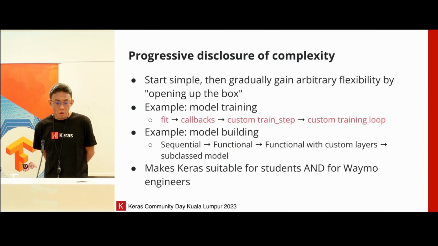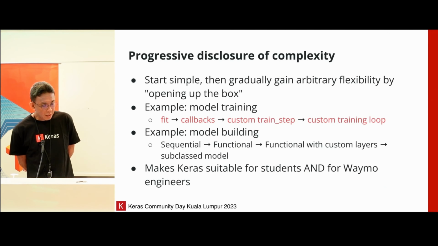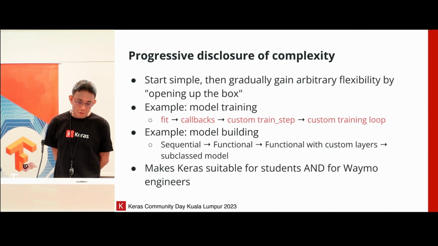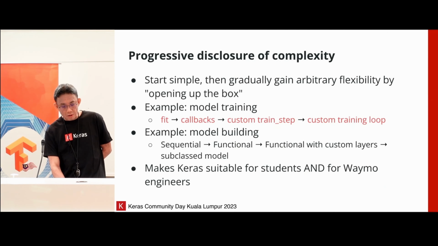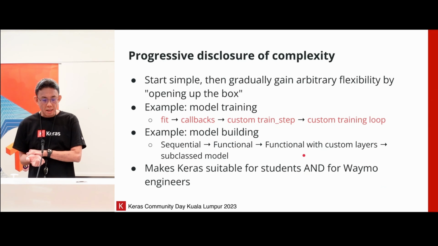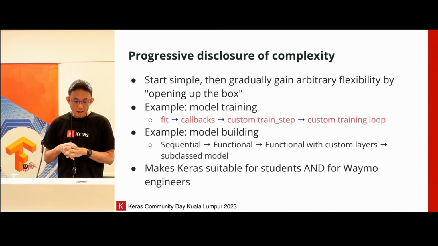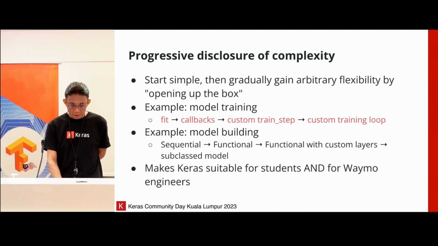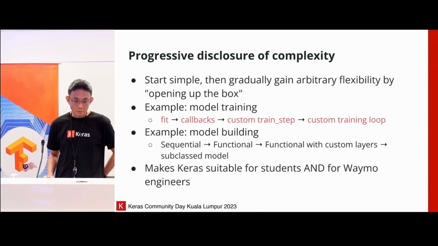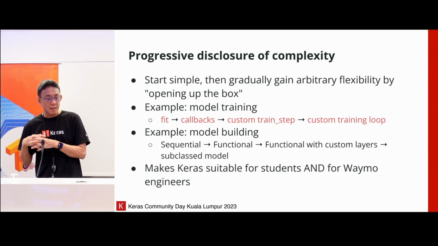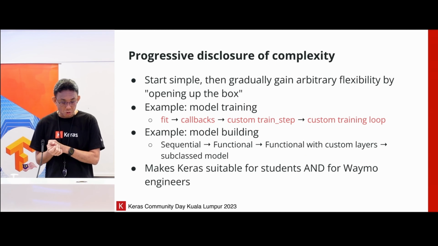Okay, so with Keras Core, you can have a progressive disclosure of complexity. That means now you can start very simple, then you can slowly add more complexity into your model, into your code, and then open up more capability that you can use. For example, you can just use the normal fit function to train your model.